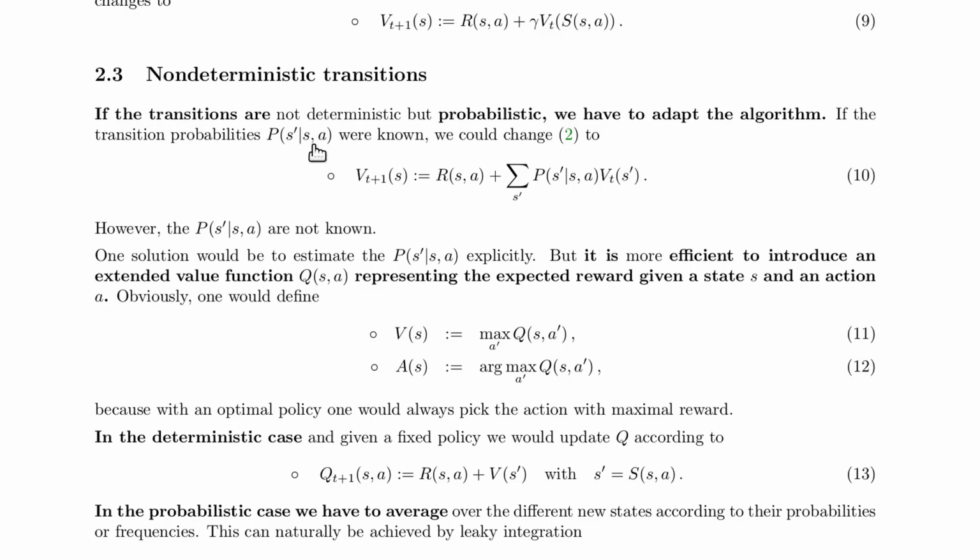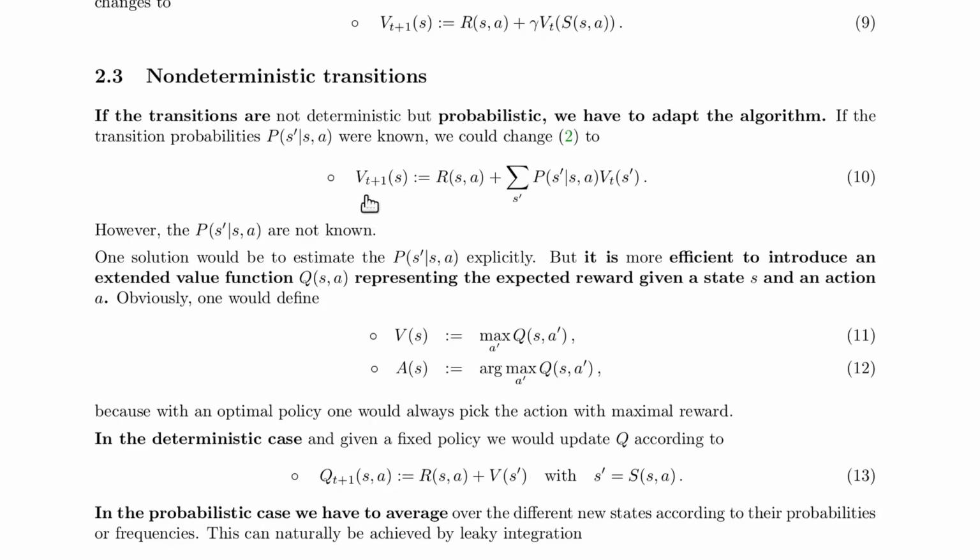Now if you had these probabilities, you could update the value of the state by adding the reward that you get for taking that action in that state and a weighted average over the values of the state you might end up in, or you might transition to. And the probabilities are these P of S dash given S and A. Problem is these probabilities are not known, so they have to be learned along with the values.